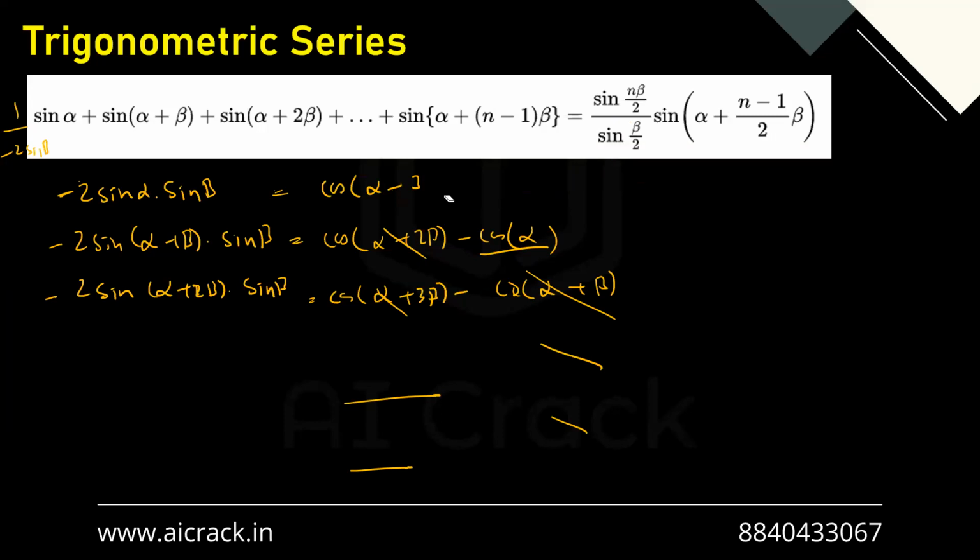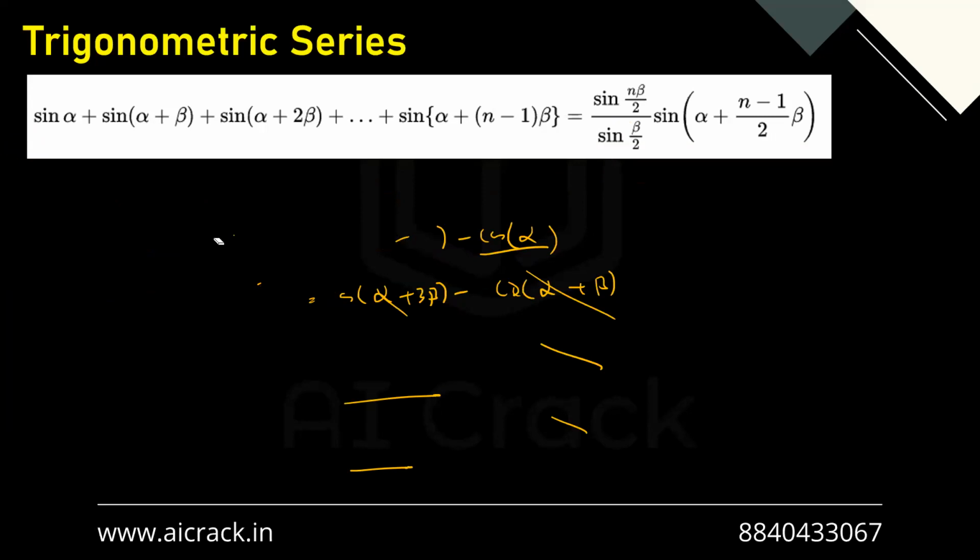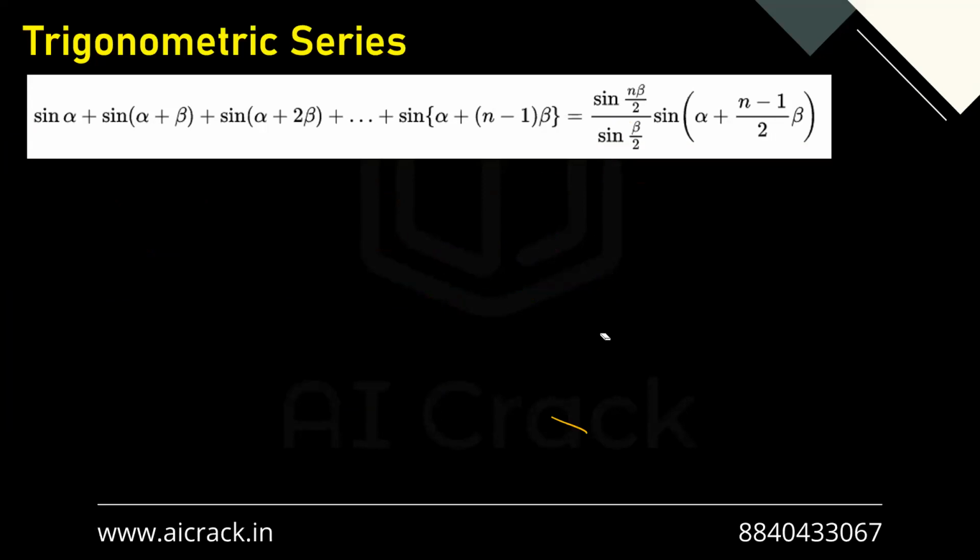So again, we'll be rejecting this particular idea. Now let's try to multiply and divide by minus 2 sine beta by 2, right?